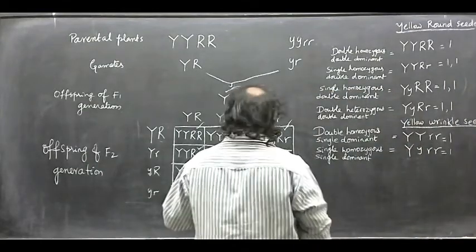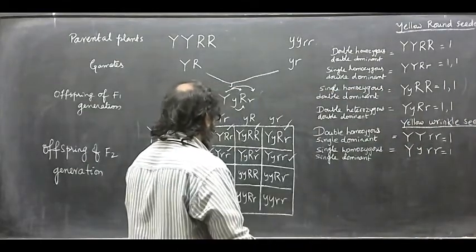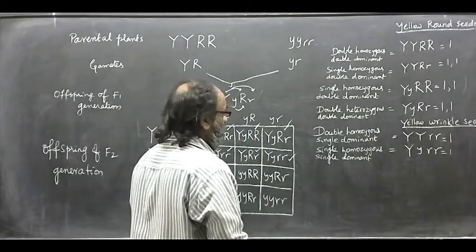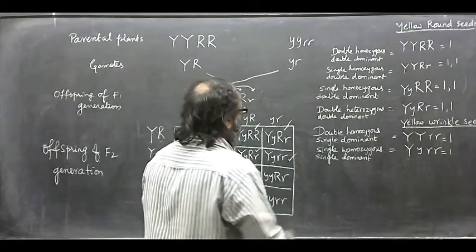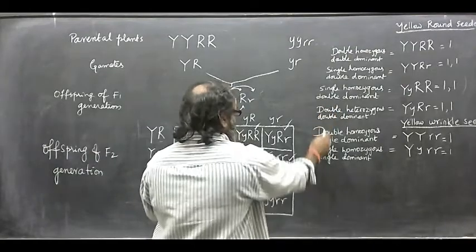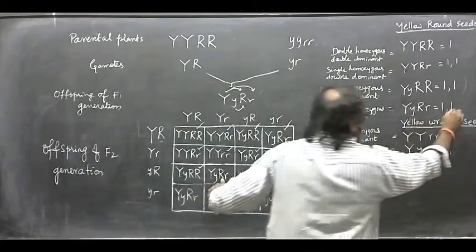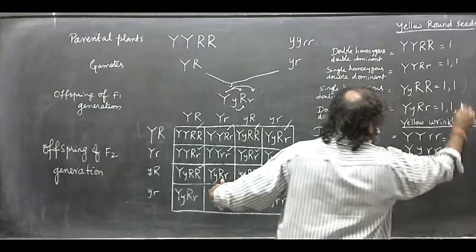Then next is, observe this, capital Y, small y, capital R, small r. That means it is double heterozygous, double dominant. Therefore, we will put one more here.